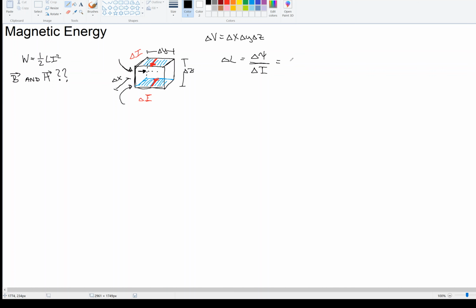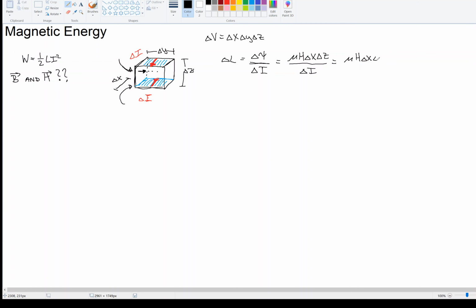And so what we could do is write the flux as mu times H, which is B, right? And then B times the area. And we argued already, I had you pause the video, and hopefully you told me that the face was delta x delta z, and so that's the area of that face, divided by delta I.